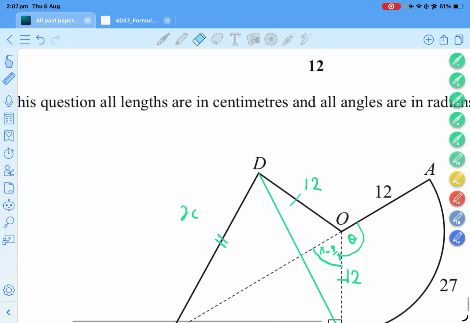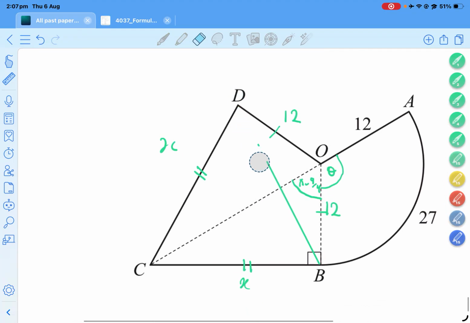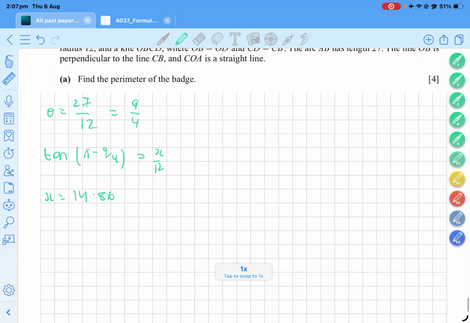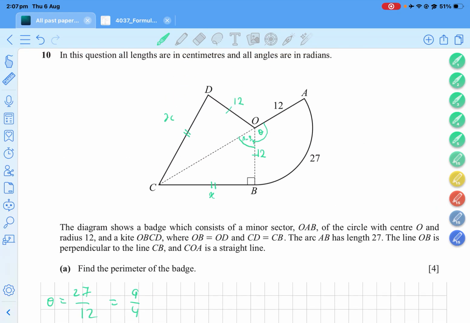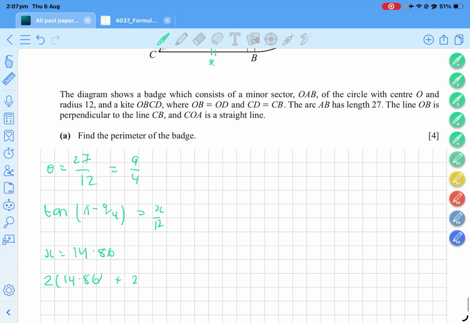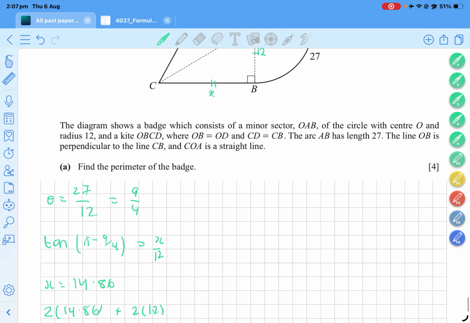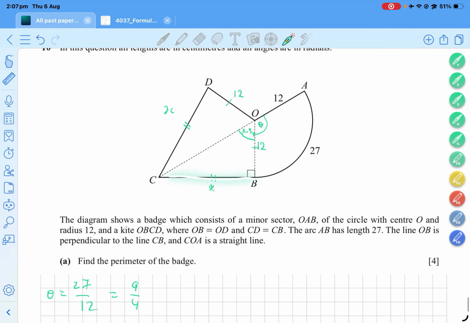So let me just get rid of this. So 2 into 14.86 plus 2 into 12. What have we even done? This, then 2 into 12, and then 27.